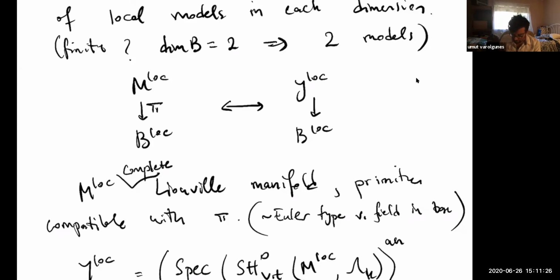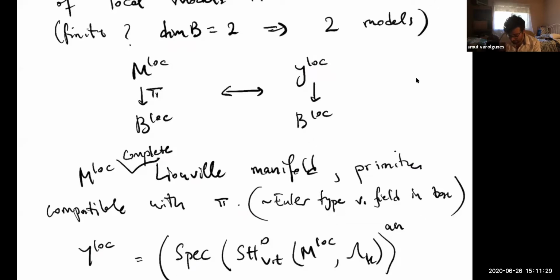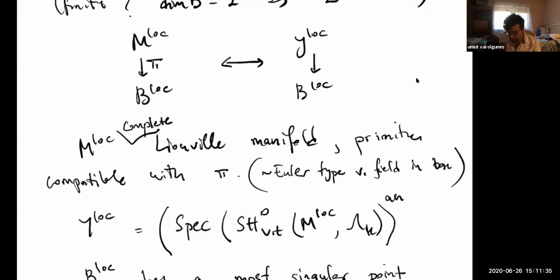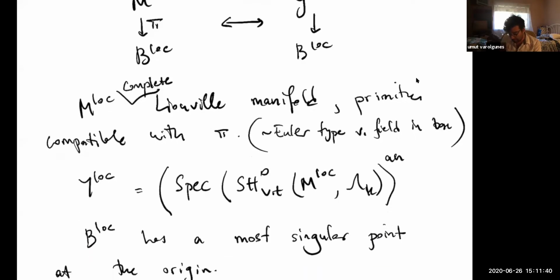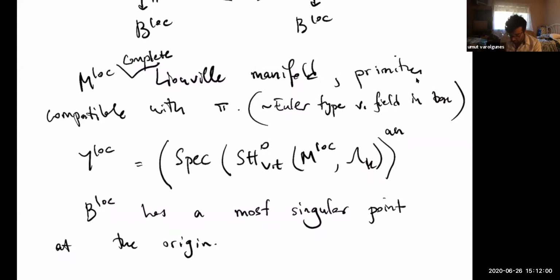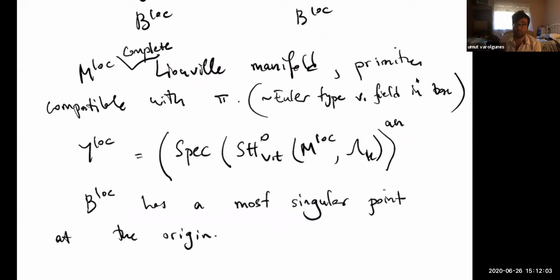And the mirror to that is again some kind of analytic space with a fibration to the same base. But this analytic space should be constructed globally. It seems not too unreasonable to say that it will be the Spec of Viterbo type symplectic cohomology of this local model, and then you analytify this. And this B local should have some kind of most singular point at the origin, which it's modeling.